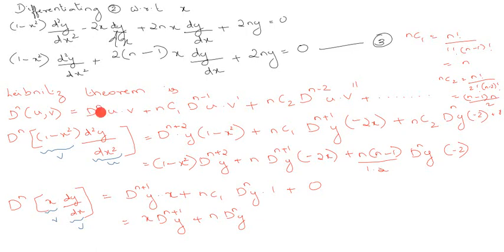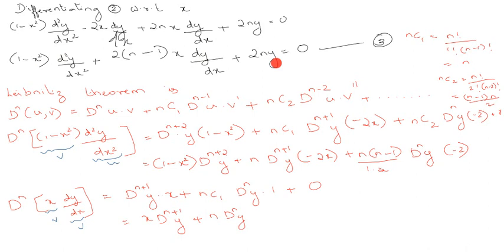That is the meaning of d^n of u. d^n of u into v plus nC1 d^(n minus 1) u into v dash. v dash means dv by dx, if we are differentiating with respect to x, plus nC2 d^(n minus 2) u into v double dash plus etc. Okay, so now we need to differentiate all these terms n times. (1 minus x square) d square y by dx square has to be differentiated n times. Again x dy by dx has to be differentiated n times.